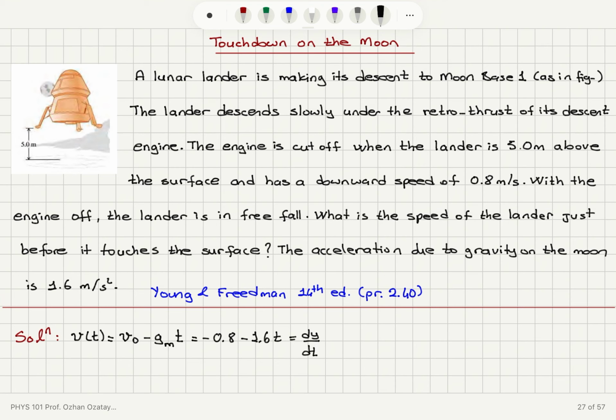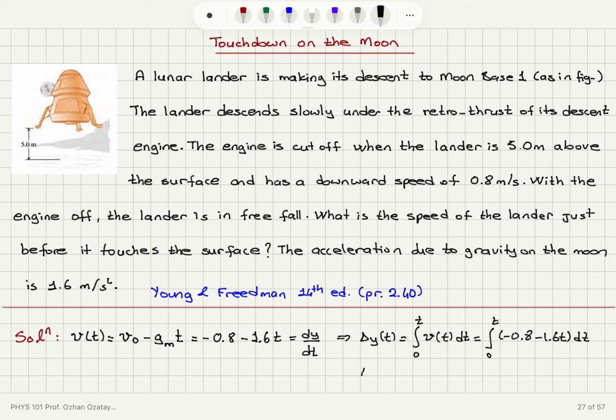So the total displacement we have in time interval 0 to t would be the integral of v of t dt from 0 to t, which is the integral from 0 to t of (minus 0.8 minus 1.6 t) dt.